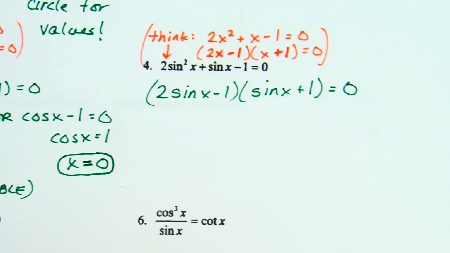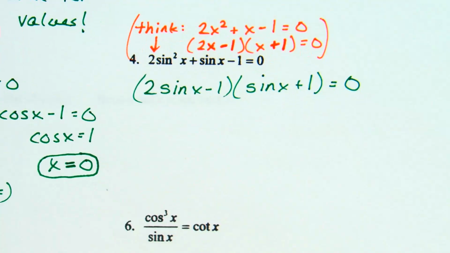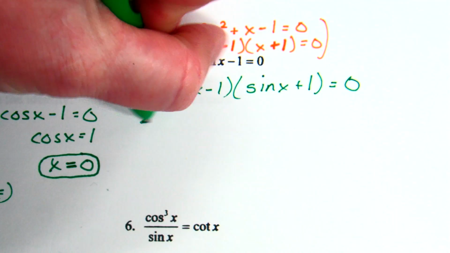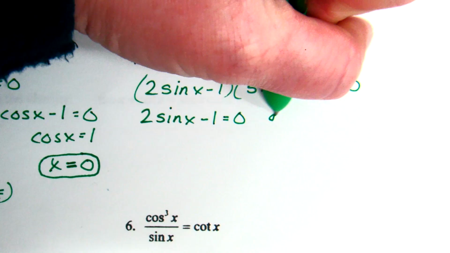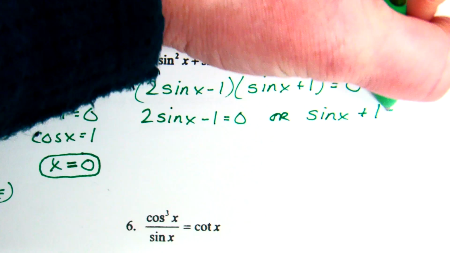Okay. Algebra skills, what do I do? Set each factor equal to 0. So 2 sine x minus 1 equals 0, or sine x plus 1 equals 0.